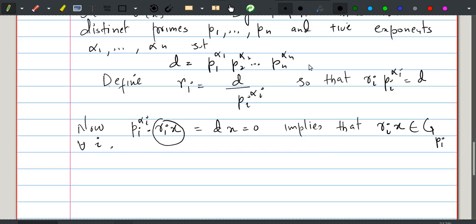Now it is given that these p_i's, p1, p2, pn, are distinct primes.